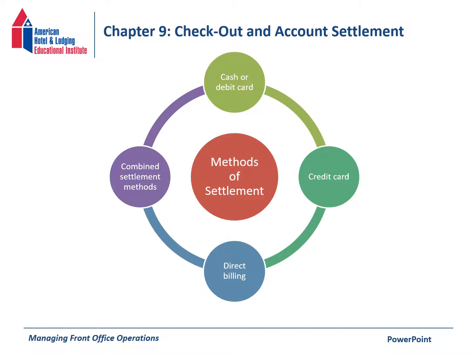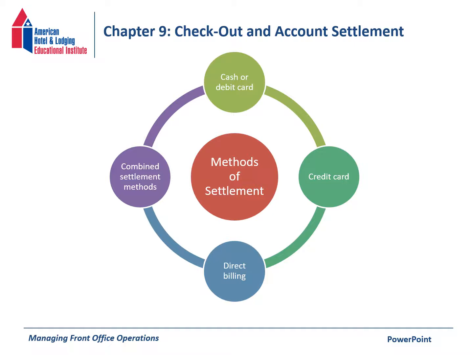Basically, how we settle our accounts, we talked about these: cash or debit cards, credit cards. Direct billing is one that we have not talked about in a lot of detail. What is direct billing? We have a house account, so we have a negotiation with a specific company. You can't just say charge to this account.